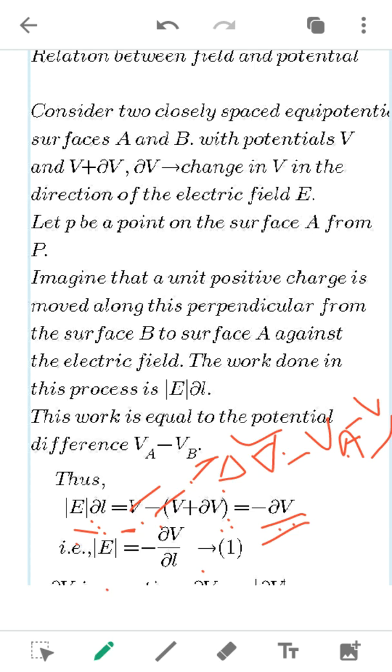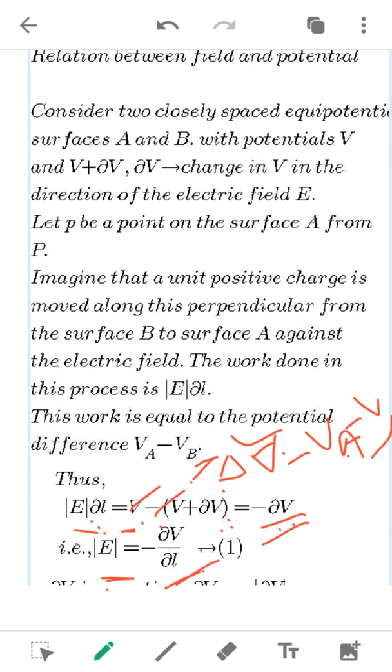Now let us bring this dou L to this side in the denominator. Therefore, the magnitude of the electric field E is equal to the negative gradient of the potential. The negative gradient is nothing but the decrease in the potential as the charge is moved from one surface to the other surface.